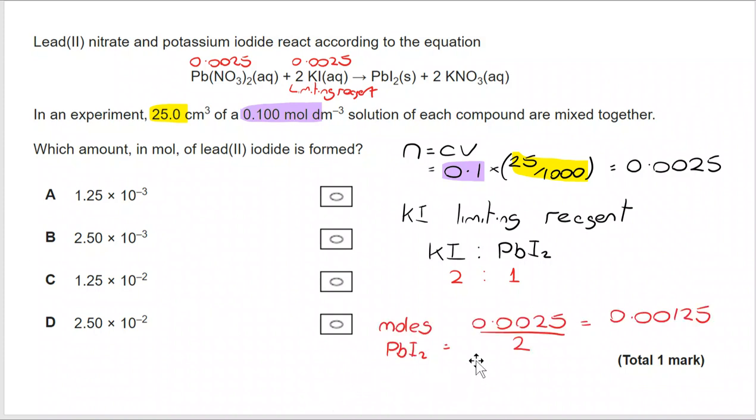And on that basis, I'm going to end up with 0.00125 moles. That's half the amount of KI that I started with. Now that tells me that the correct answer is A. The correct amount in moles of lead iodide.